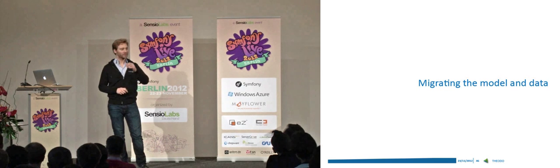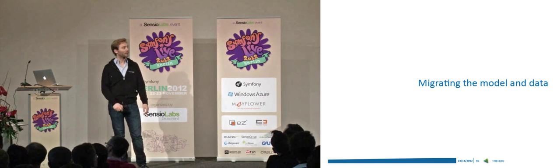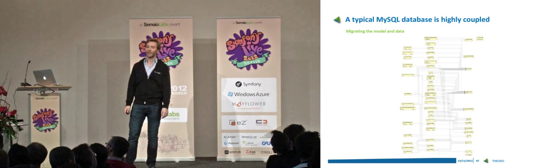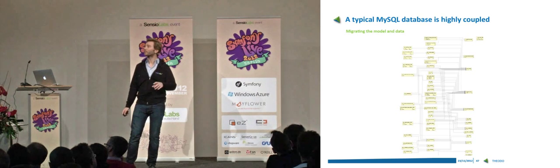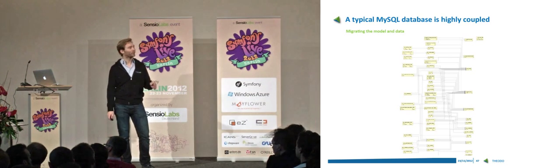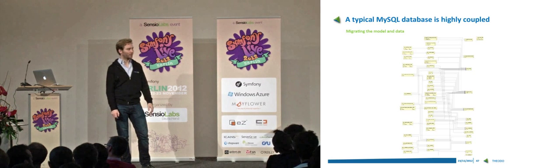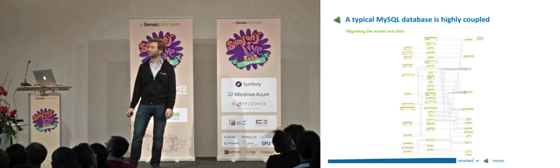Sometimes the model is not that bad, which is good. If it is, it's really complicated, because as much as the code seems tightly coupled, the database is usually much more. This is a typical Symfony 1 database I graphed with DB Visualizer.